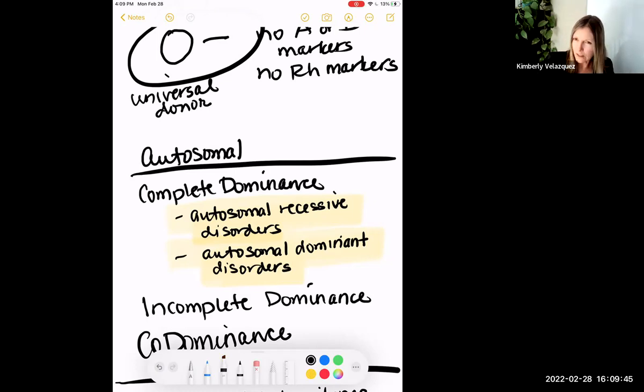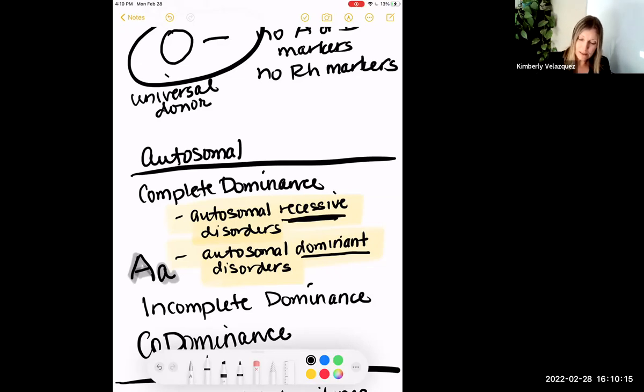If it's a disease and the heterozygous individual has the disorder, in other words, big A, little a, if they have the disorder, then you know it's autosomal dominant. If they're big A, little a, and they don't have the disorder, then you know it's autosomal recessive.